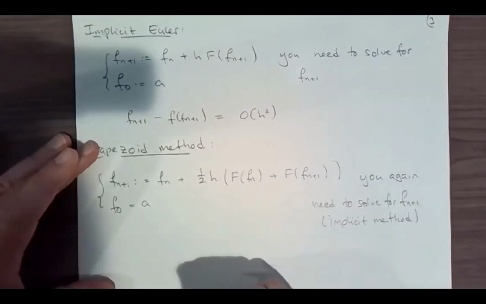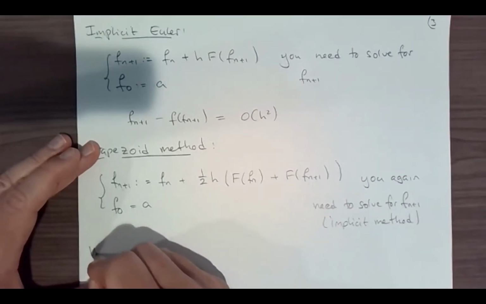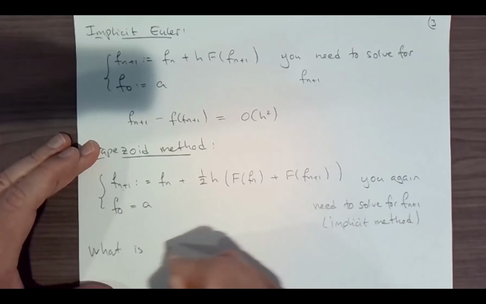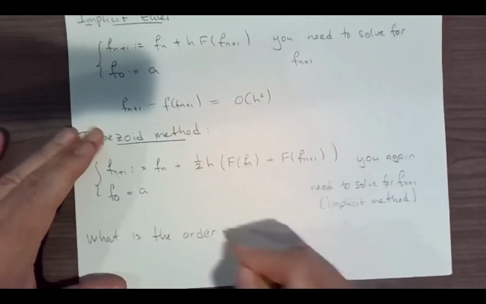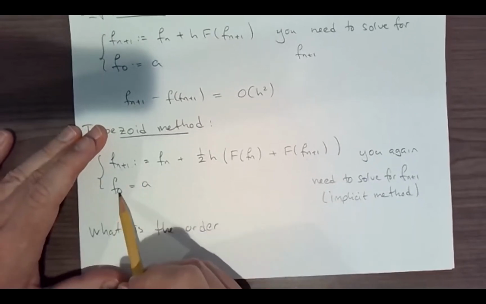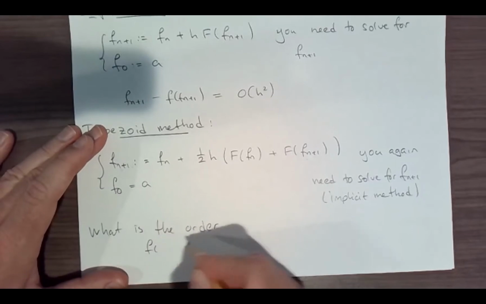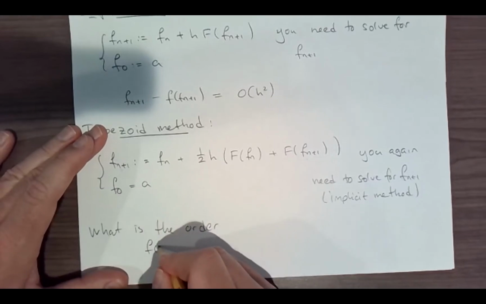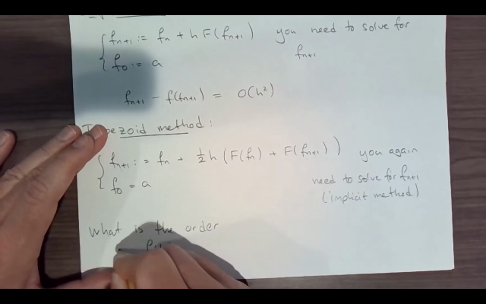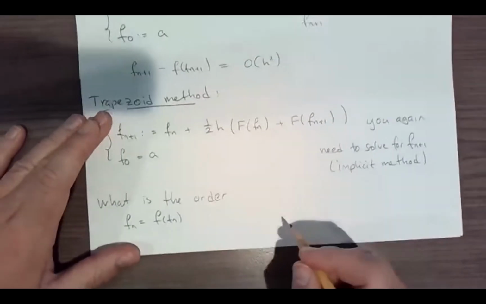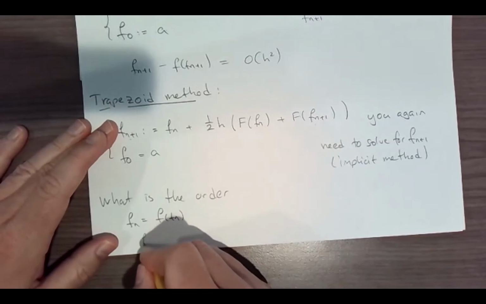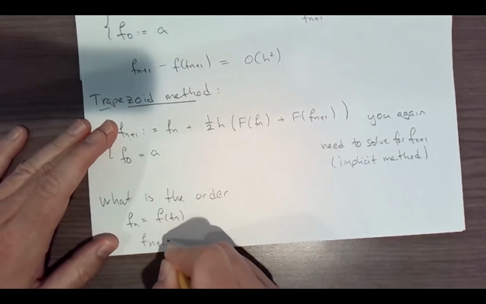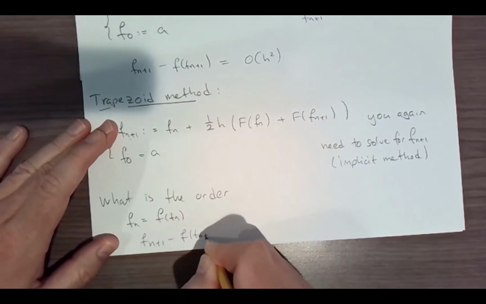So we want to figure out what's the order. What is the order? Right. So what you do is you make the assumption that you start out precise at the previous point. So if Fn is exactly equal to the correct value, then you want to look at what's the difference between Fn plus 1 and the actual correct value.